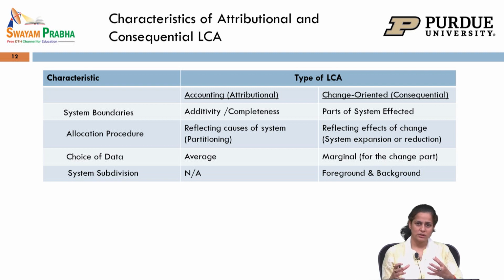Foreground processes are the ones that are actually being affected due to the change that we are proposing in the life cycle of the system, and background are the ones that are not being affected. So, once you do that system subdivision, it is very easy to delineate which ones would be part of your study and which will not be part of your system boundary.